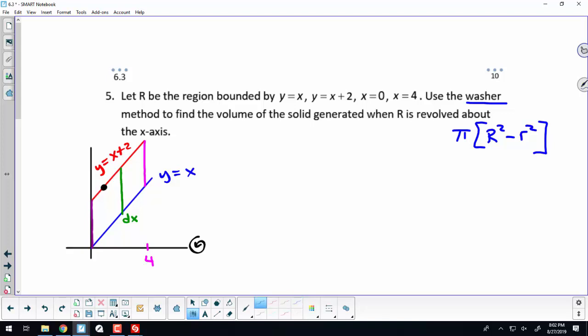The distance from here to the axis of revolution is capital R. Again, we measure that top minus bottom. Function x plus 2 minus 0, which is just x plus 2 over here.